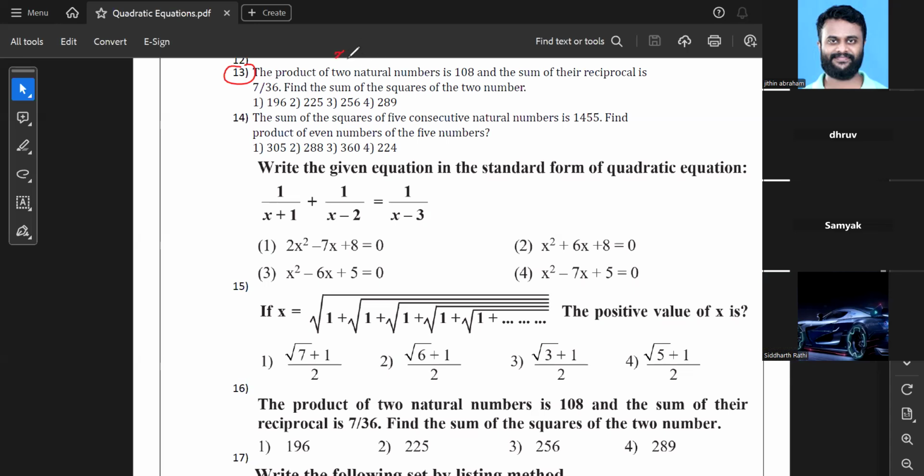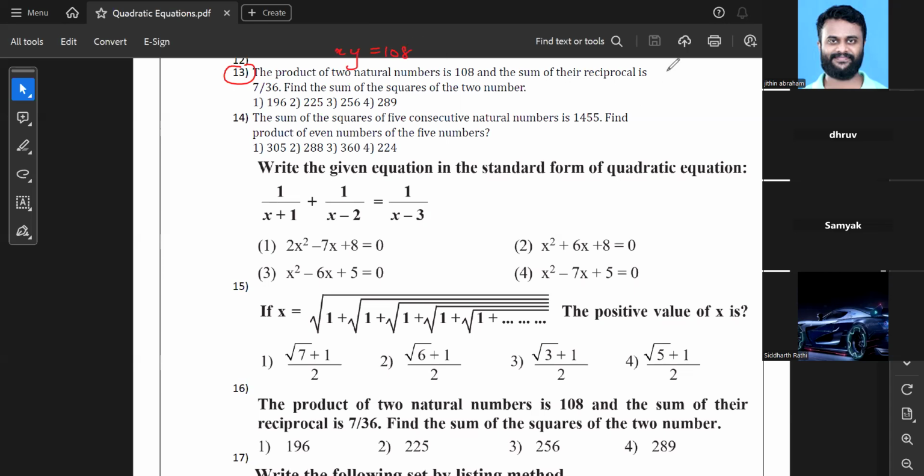So one natural number I can call x, and the other I can call y. The sum of their reciprocals gives two equations here. So xy is equal to 108.